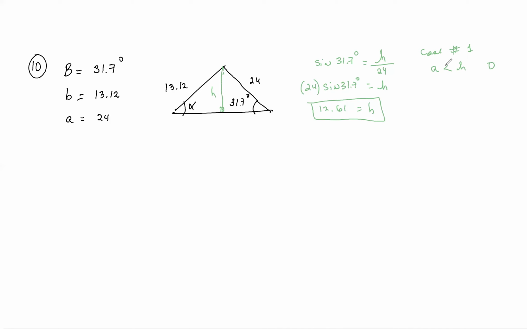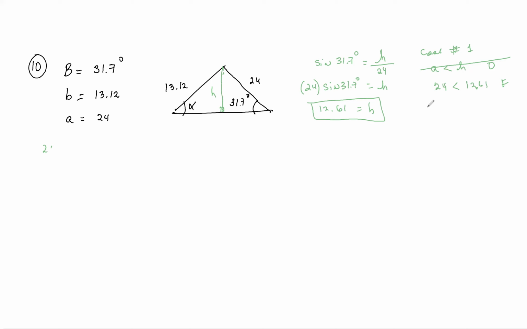Let me see, the a is 24 and the h is 12. It's false. This case fails, we don't need this case because a is bigger than h. That means the triangle exists.